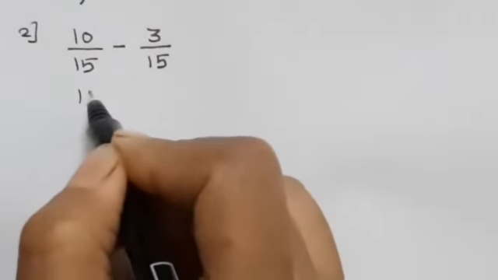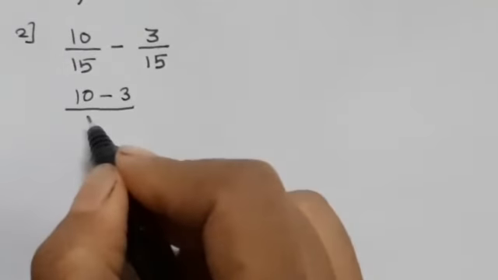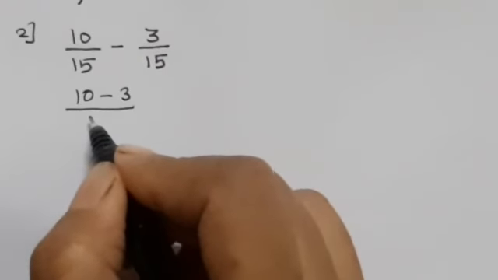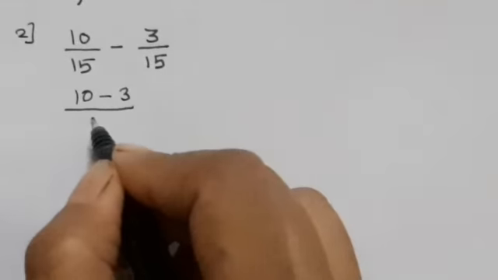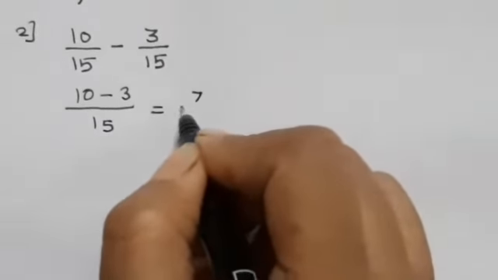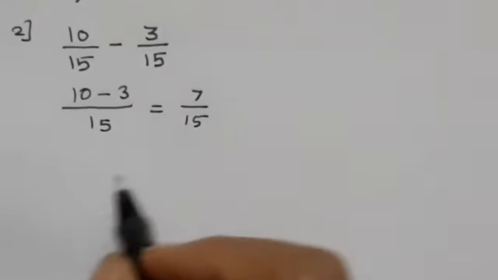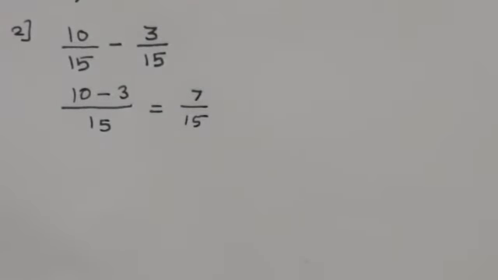We write the difference between the numerators in the numerator and common denominator in the denominator. So, we'll subtract numerators first. 10 minus 3, and we'll write the common denominator in the denominator's place, that is 15. 10 minus 3 is equal to 7, and we'll write 15 as it is. So the answer is 7 upon 15.